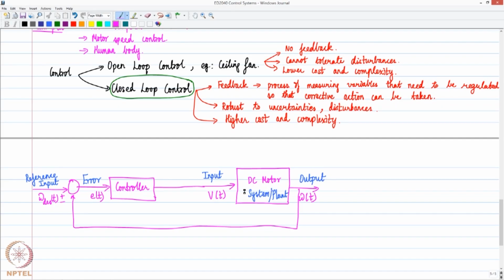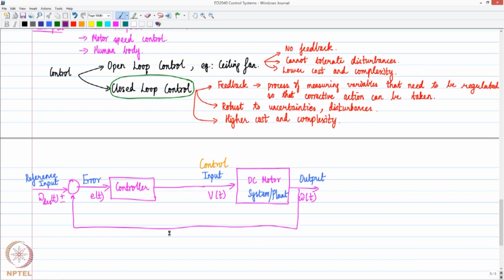Okay. When the controller calculates the input that should be provided to the system, the adjective control is added to the term input. So, the input to the system becomes what is called a control input. So, this is feedback.